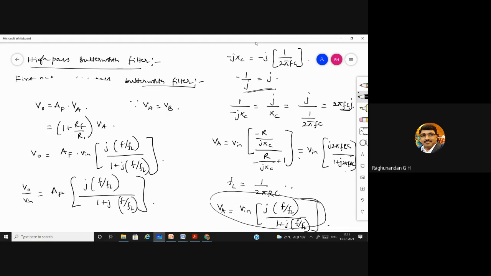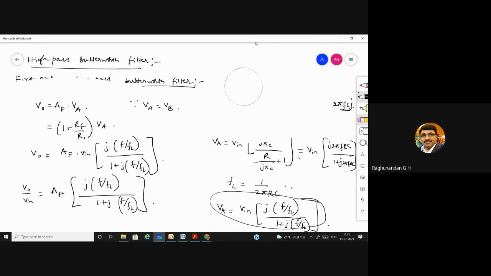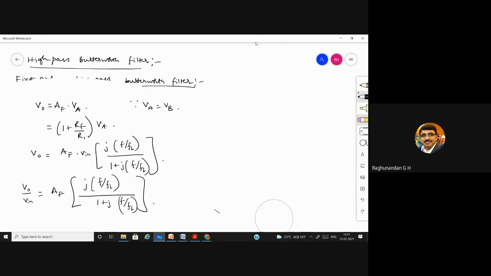Again, when you take the magnitude of the above equation, as you know, when you take the magnitude of the imaginary part, Vo by Vin will be equal to AF into F by FL divided by the root of 1 plus F by FL whole square.